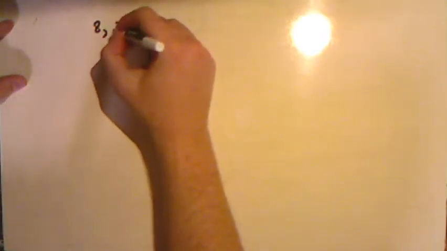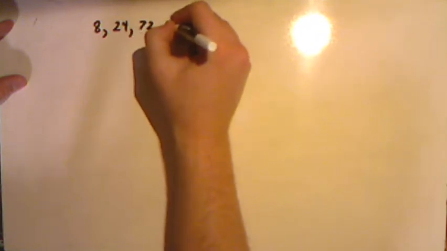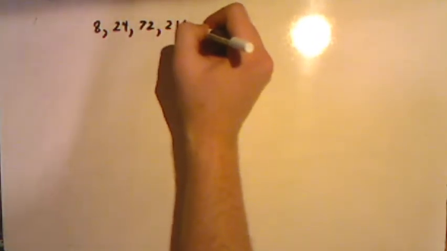So in our slide, we have a sequence being given to us that is as follows. We have 8, 24, 72, and 216. And this sequence continues on for quite a while. But we want to try and turn this into our geometric series, which uses our formula for it.